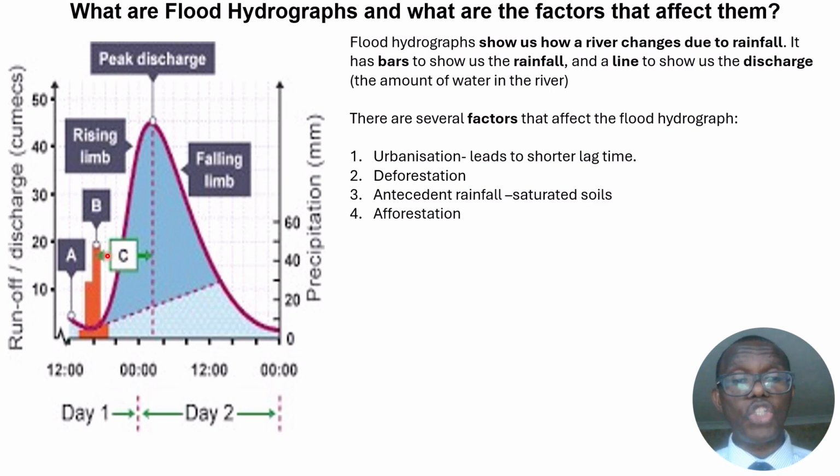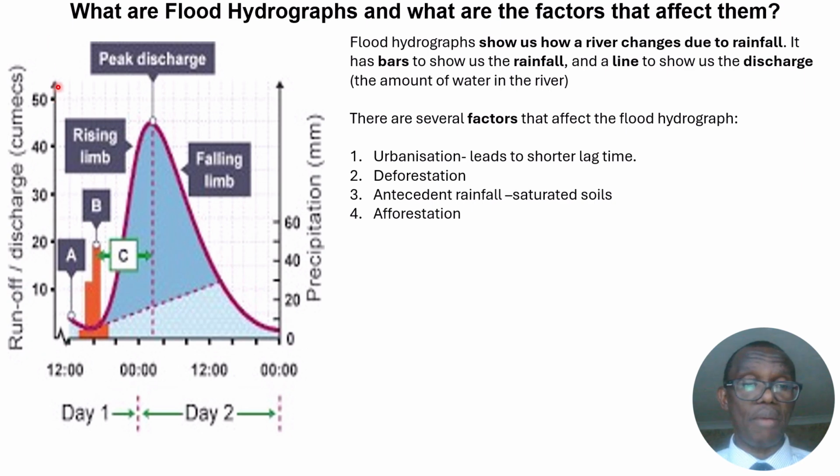However, if there is a shorter lag time, then it means that that river is at risk of flooding. And that is because the water will be reaching that particular river very quickly, and therefore that river is likely to flood.